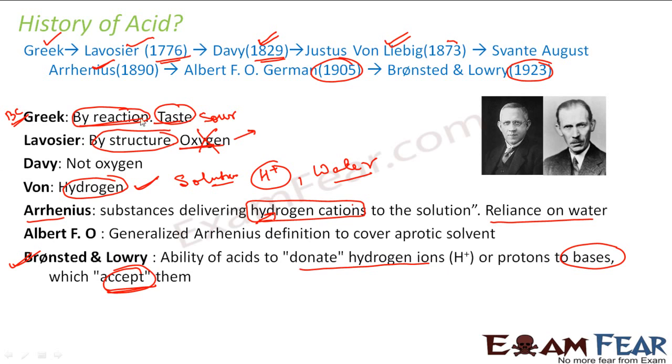So if you see, the definition changed from the Greeks in BC, to Lavoisier with his idea of structure, then Davy, then Arrhenius, and then finally Bronsted and Lowry. So this is the most accepted definition for acid: anything that donates hydrogen.